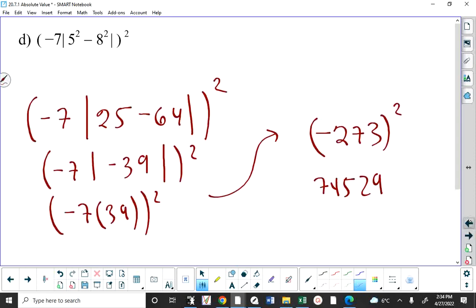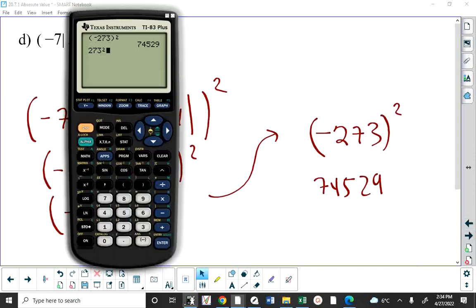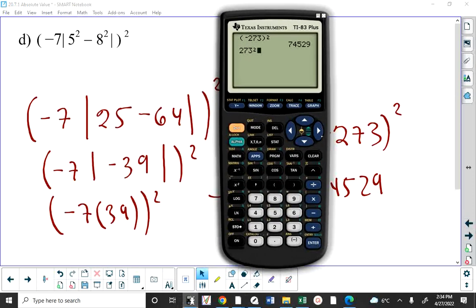All right, we have one last question to go, but let's go back to D and I will show you something. If I wanted to know what all of this is, I could enter the following. Bracket, -7, and then absolute value. There's an absolute value function here.